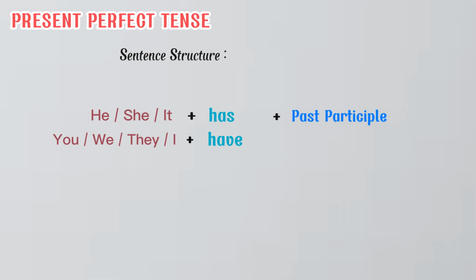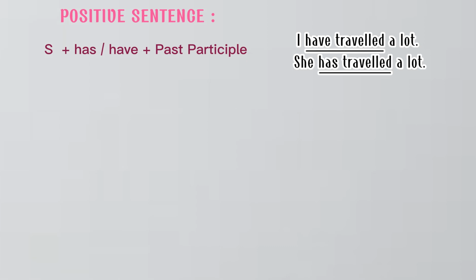Now, how to organize your sentence correctly? Let's start with the positive sentence structure. It starts with a subject plus has or have plus the past participle. So for example, I have traveled a lot, and for the singular, she has traveled a lot.